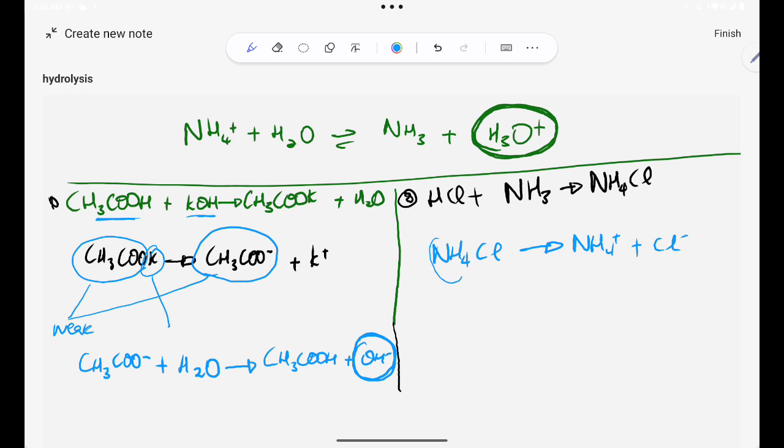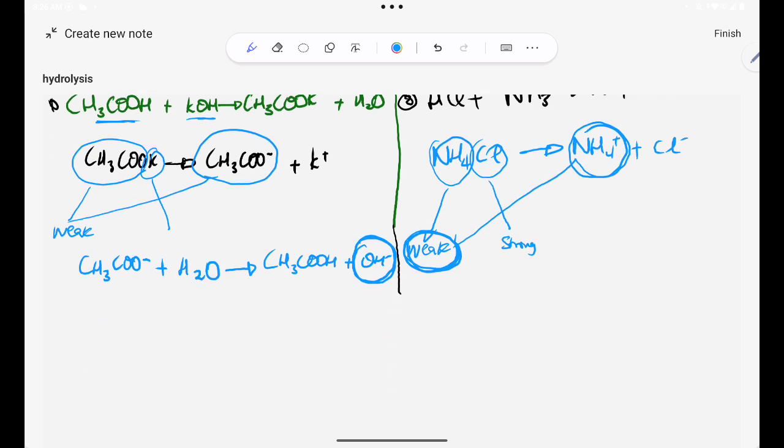Remember that this one comes from ammonia, which is a weak base, and this one comes from hydrochloric acid, which is a strong acid. The weaker substance between the two will always give me a strong conjugate ion.